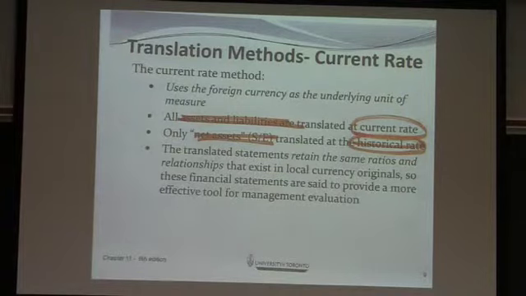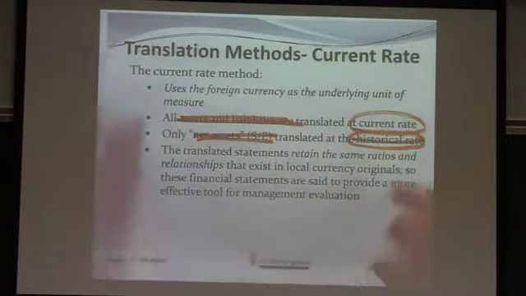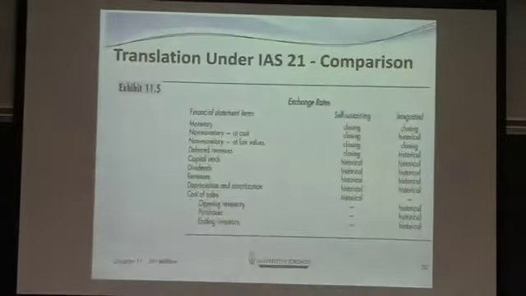When we did the temporal method, you see that the net asset changes and the relationship of the individual assets and liabilities changes, because each element of the balance sheet, depending on whether we classify them as monetary or non-monetary, will be translated at a different rate. So that's the good part about this method.